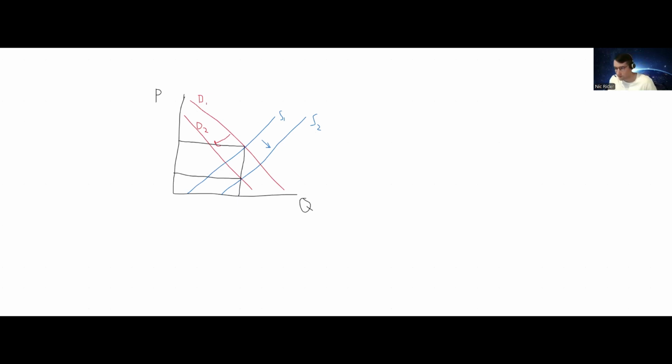So what we can see here is when S1 and D1 meet, the price that you're paying there for a house is 1 mil.